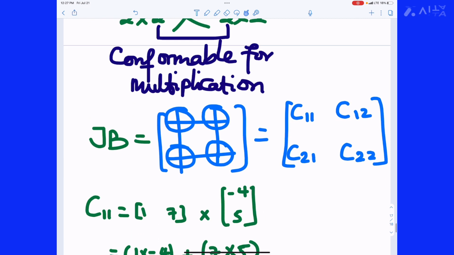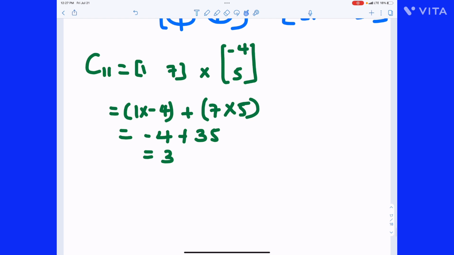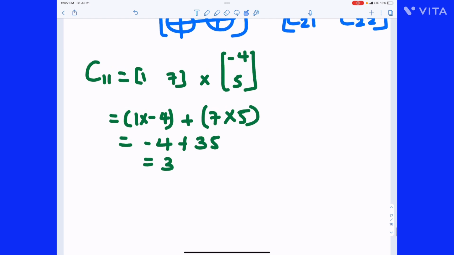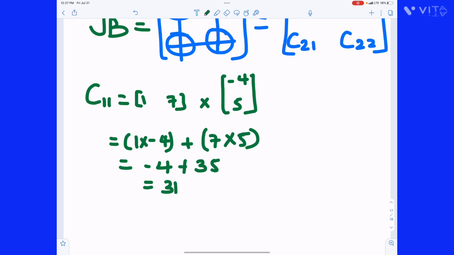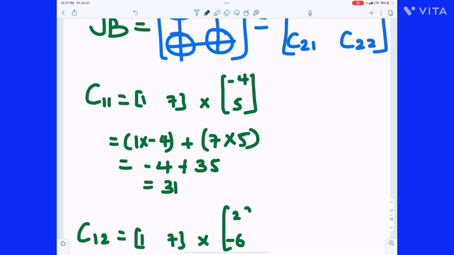Take note of that. So cell 1, 2 is 1, 7 times 2, minus 6, the first row in J by the second column in B.